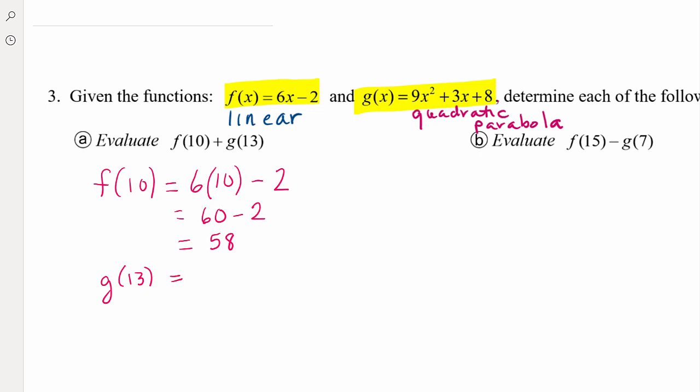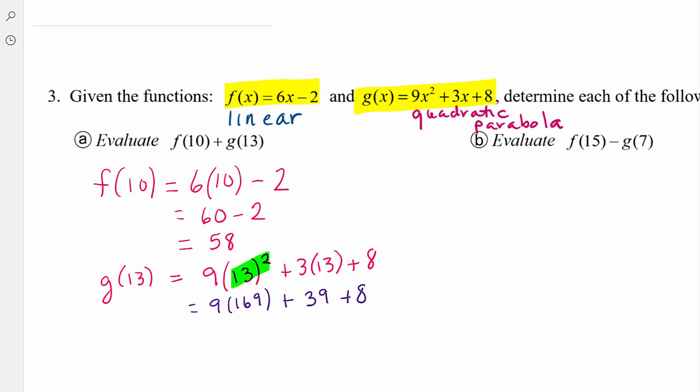So now I'm going to go to the g function, and where x is, I'm going to substitute in the 13. So we're here at our quadratic. And again, you know from our work in order of operations that we will square the 13 first. So 9 times 169. I'll go ahead and multiply 3 times 13 while I'm here, 39.